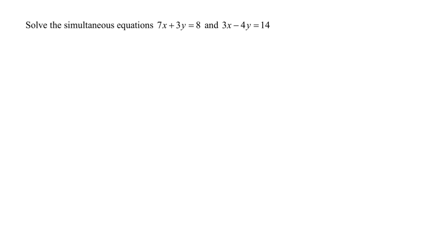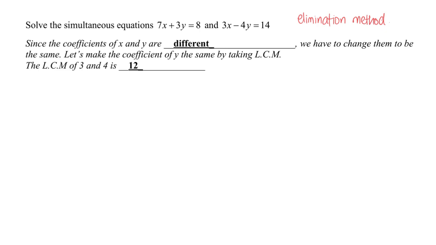So if I'm going to use the elimination method here, then I do have to consider their coefficients, right? I realize that their coefficients are different. So the next thing I would like to do is to try and make the coefficients the same. I could either make x or y the same. I'm going to make y.